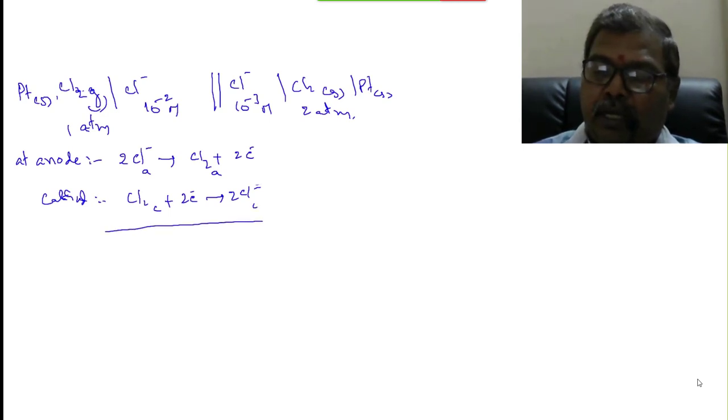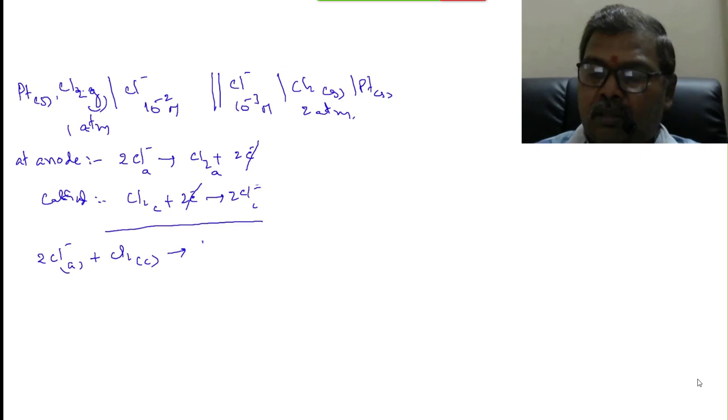Now, you can cancel only the number of electrons. 2Cl minus in the anode half cell plus Cl2 in the cathode half cell gives rise to Cl2 in the anode half cell plus 2Cl minus in the cathode half cell.